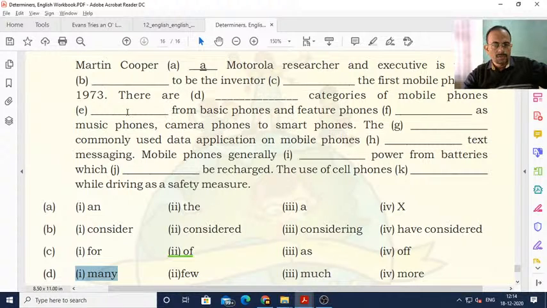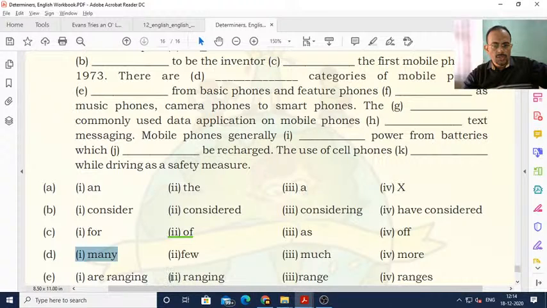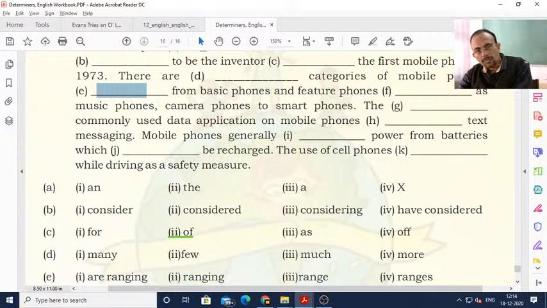Then number E: there are many categories of mobile phones dash from basic phones and feature phones. Number E, ranging, isn't it? Ranging from basic phones and feature phones.